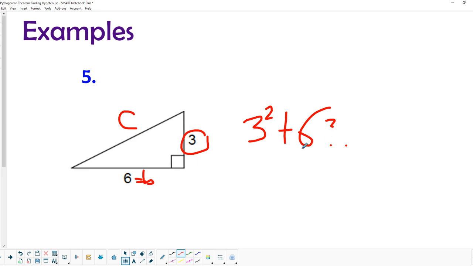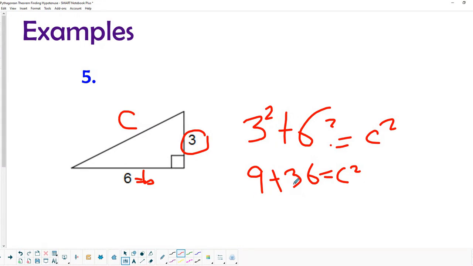Okay, so a squared plus b squared equals c squared, right? So 9 plus 36 equals c squared.